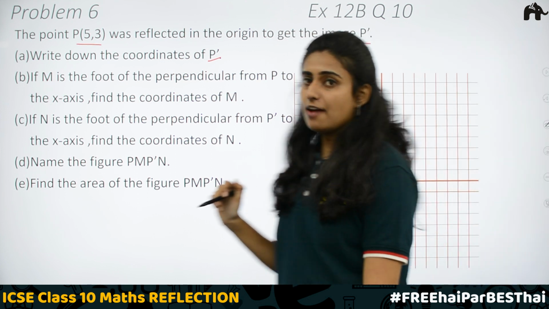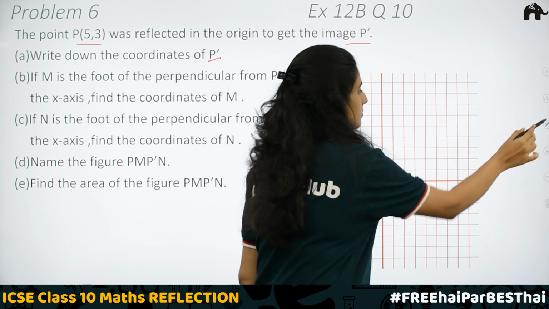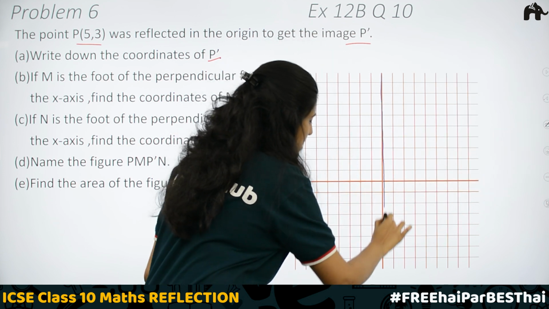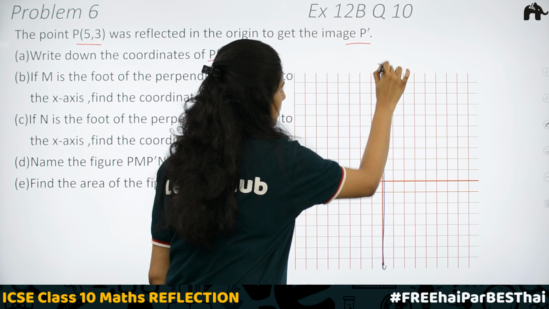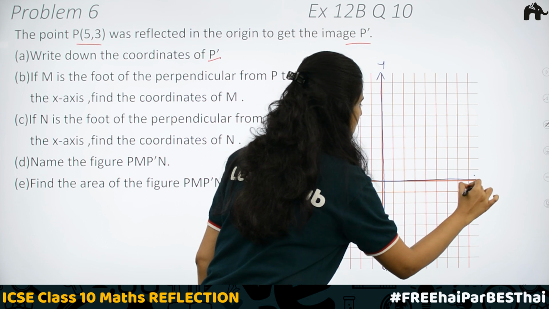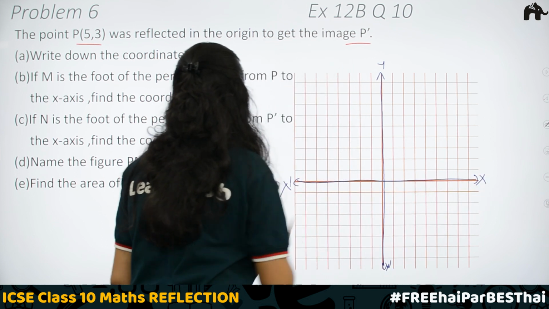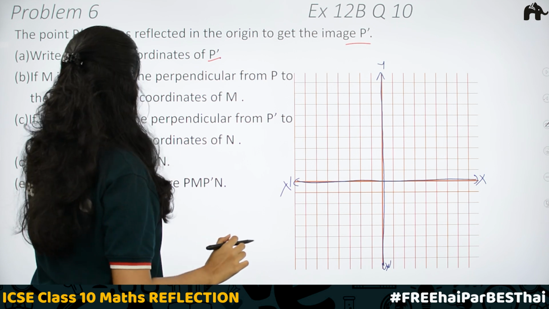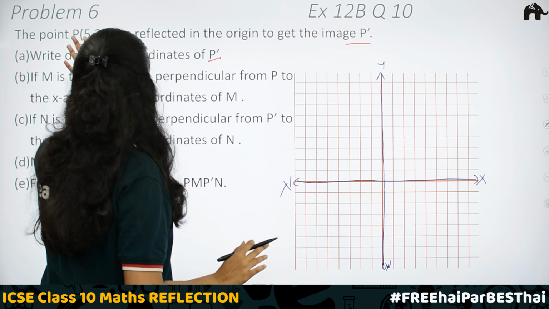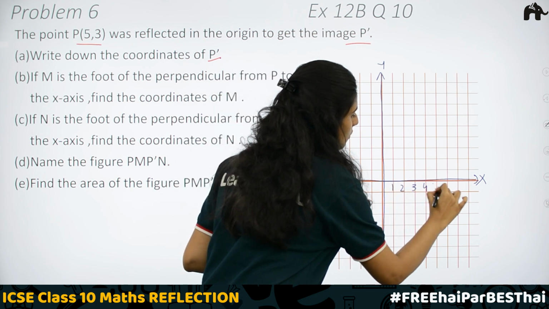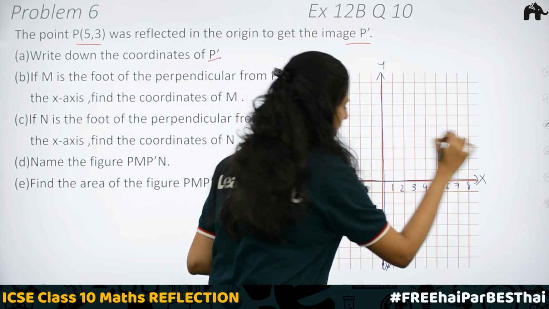Let us take the graph. Here we have the y-axis, and this is the x-axis. We have to find the point P (5, 3). 1, 2, 3, 4, 5, 6, 7, 8.